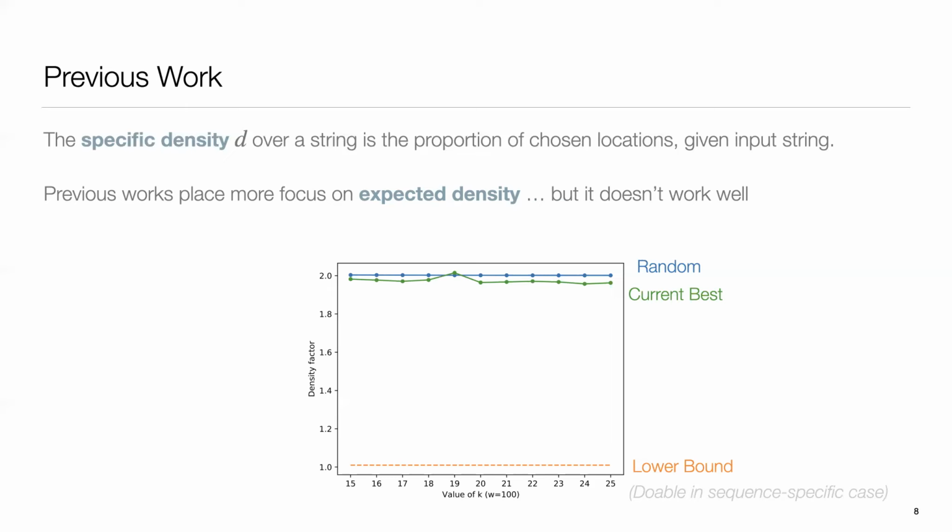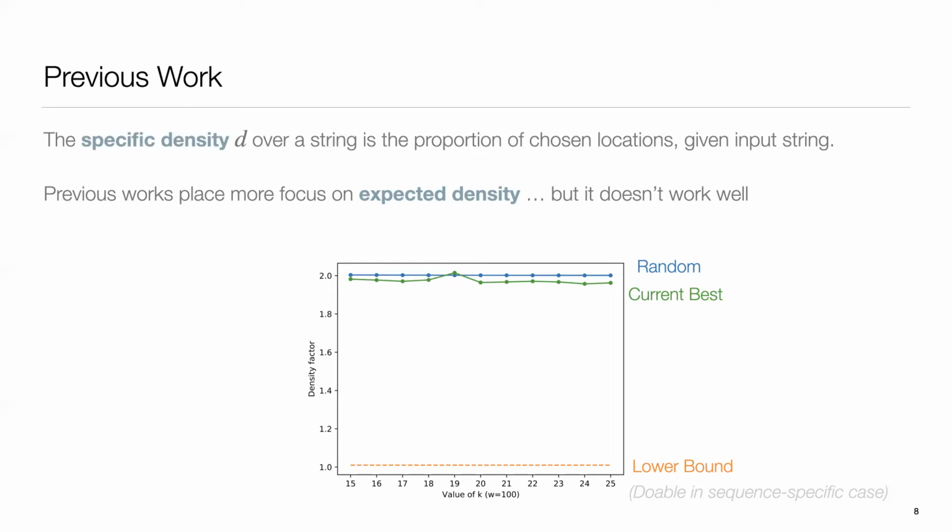And they are both very far away from the lower bound, which we know, as a matter of fact, is achievable in the sequence-specific case under reasonable assumptions. So there is a lot of optimization space between the current best and the theoretical lower bound.